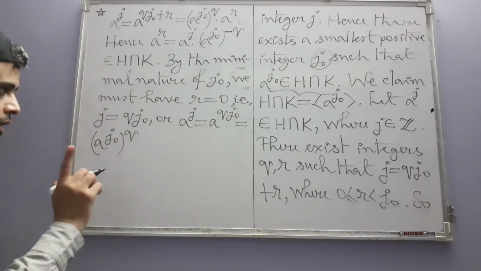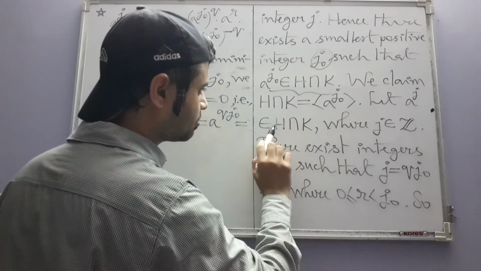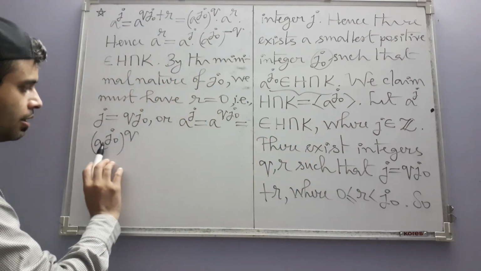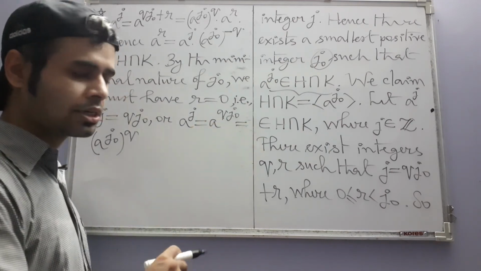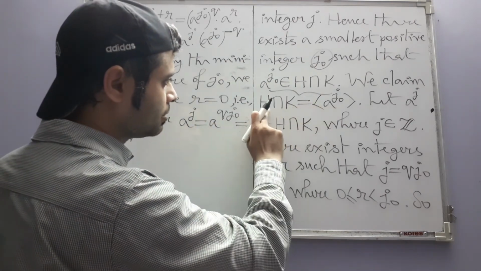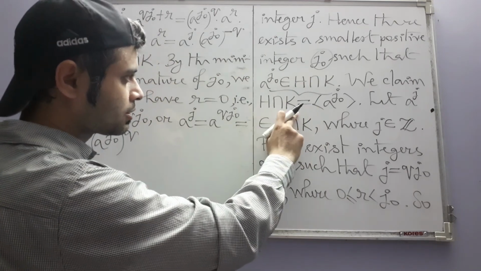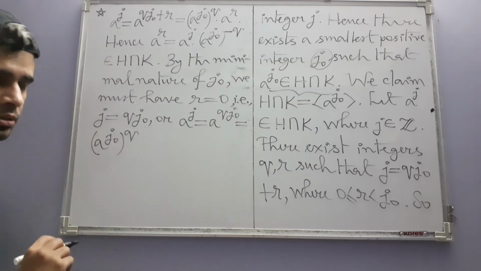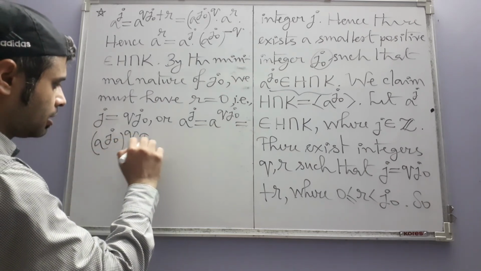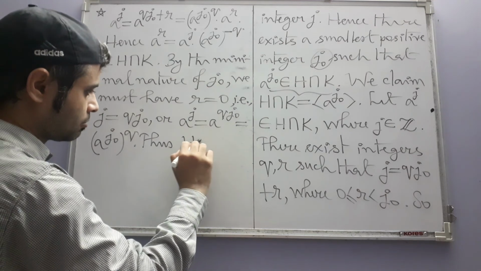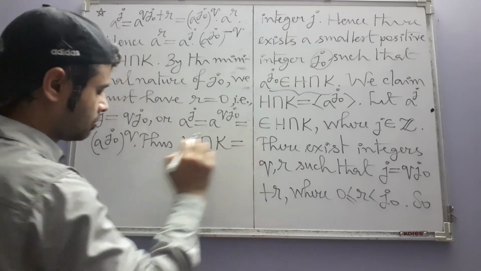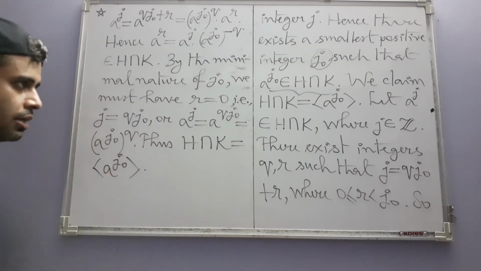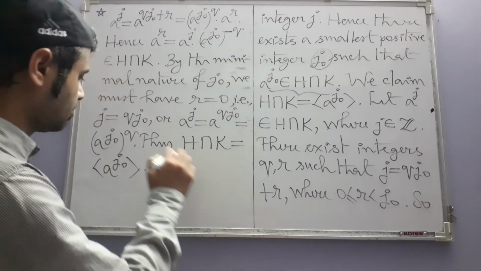That means an arbitrary element of H intersection K has been realized as an integral power of a to the power j naught. So what does that tell us? It tells us precisely this, that H intersection K is a cyclic group that is being generated by this element a to the power j naught. Thus, this establishes our claim and completes the solution also.